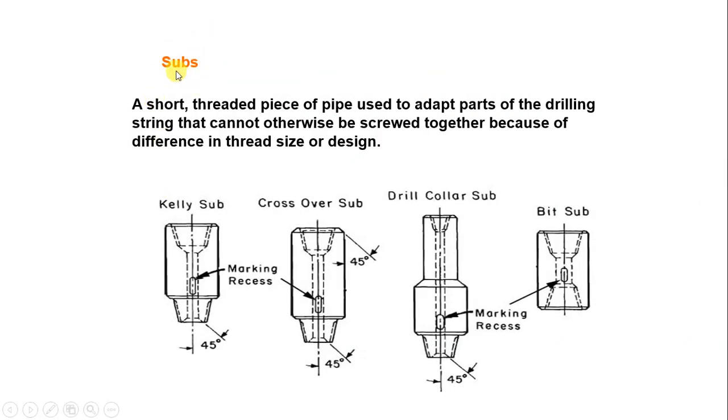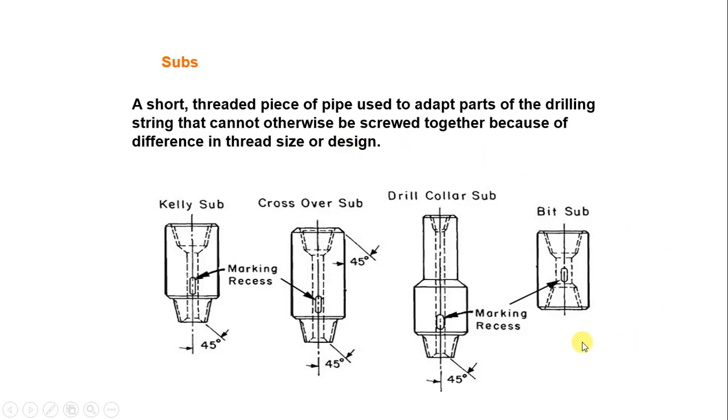Here we have some subs. A sub is a short threaded piece of pipe used to adapt parts of the drilling string that cannot otherwise be screwed together because of difference in thread size or design. What does this mean? For example, we have the bit.